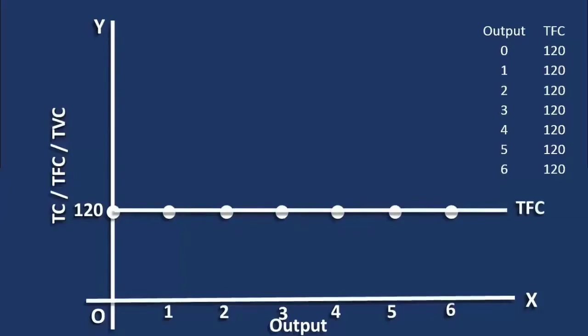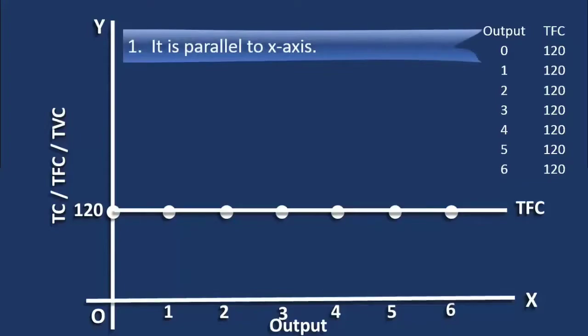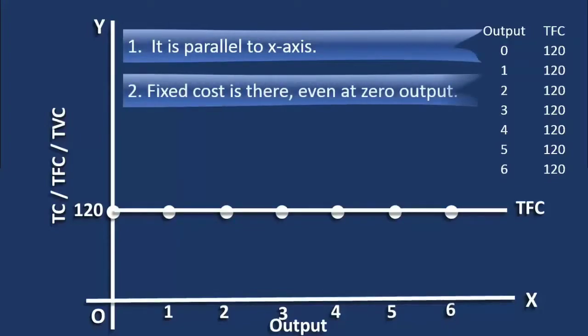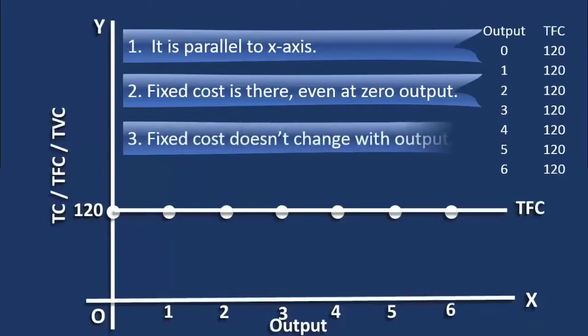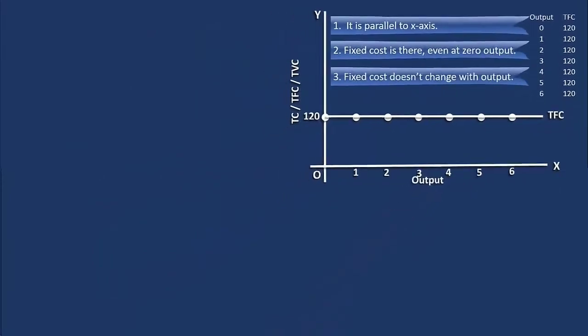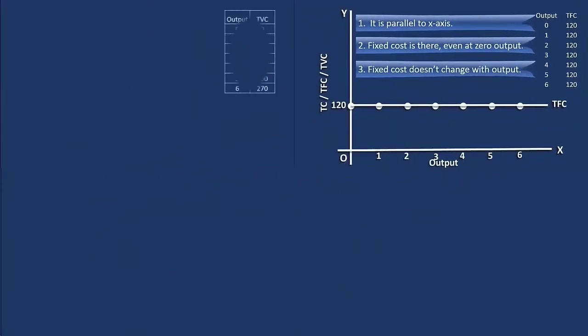The points are plotted in the diagram and the line joining all the points is TFC curve. It is parallel to x-axis. Number 2, fixed cost is there even at 0 level of output. And number 3, fixed cost doesn't change with the output. So this was the total fixed cost.